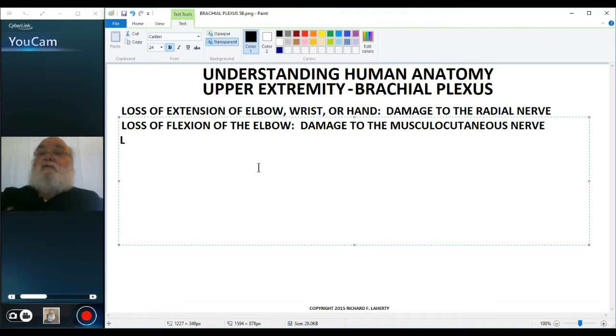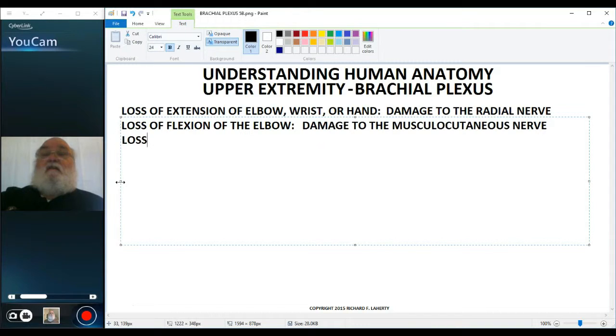If we have loss of flexion of the elbow and hand, then we would have loss of function of the muscles of the anterior compartment of the forearm.